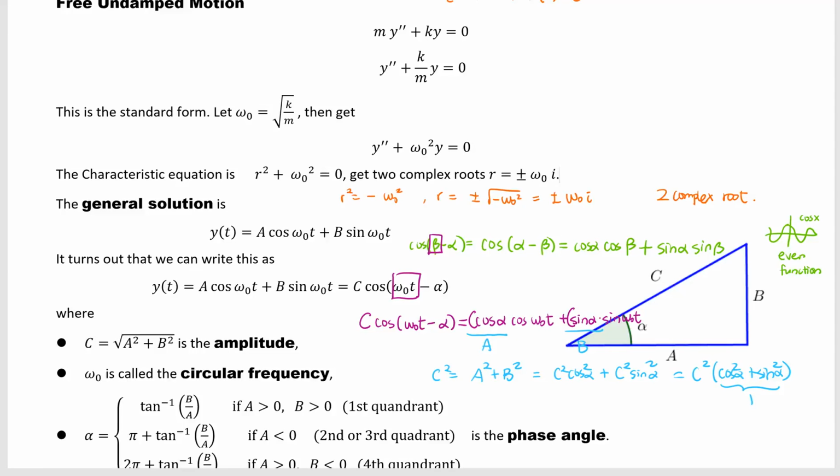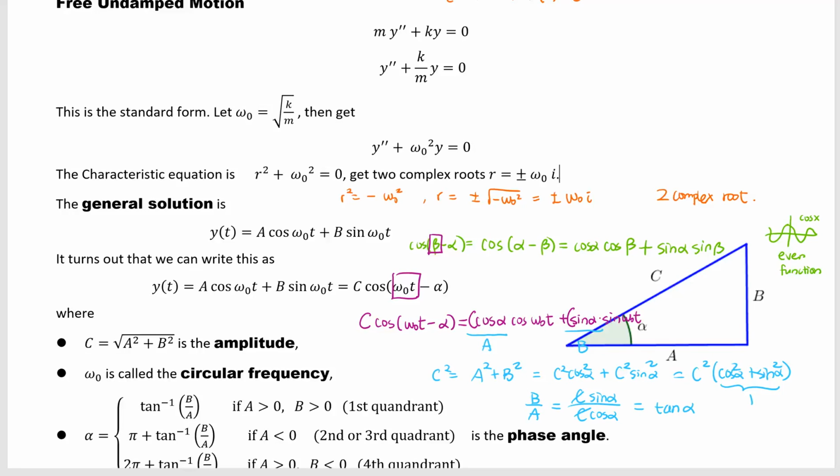And what is alpha? How do we solve for alpha? Let's look at B over A. B is C sine alpha, A is C cosine alpha. C cancels, and sine alpha over cosine alpha is tangent alpha.